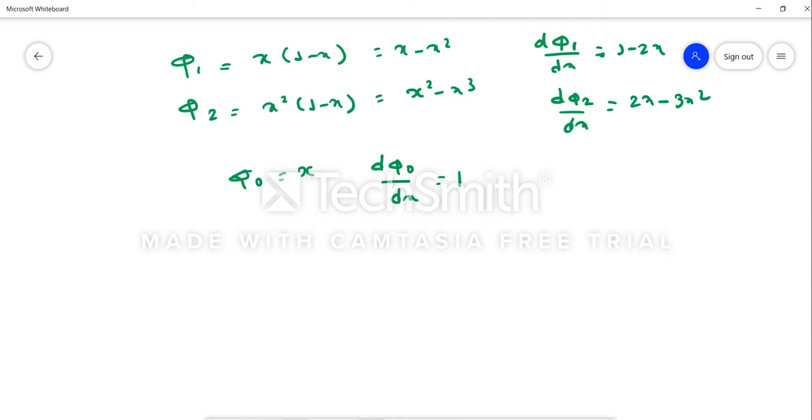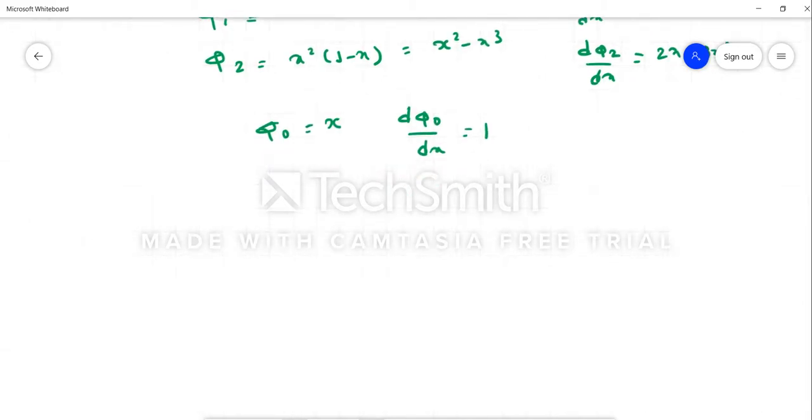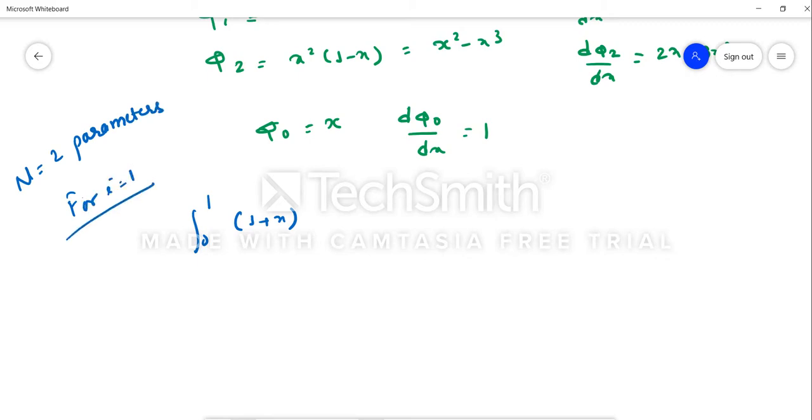So we will use this in our equation. If we put this in the equation, our equation will look like this. We are solving it for n equals 2 parameters, and for i equals 1. So 1 plus x, d phi 1 over dx, and this is c1 d phi 1 over dx.